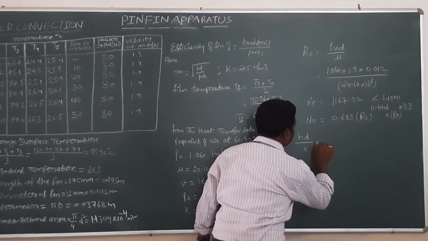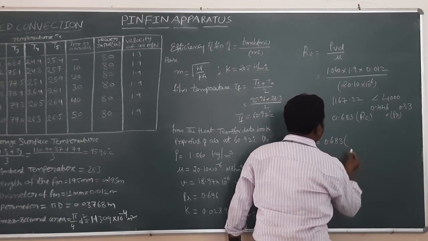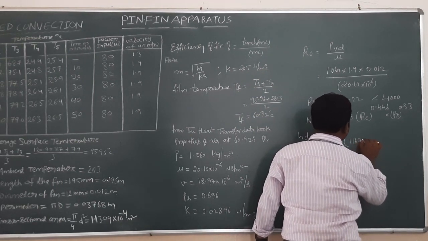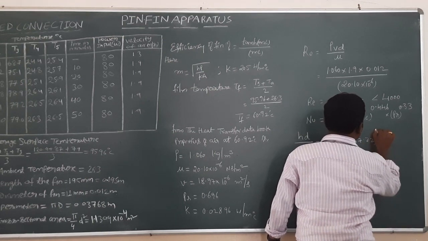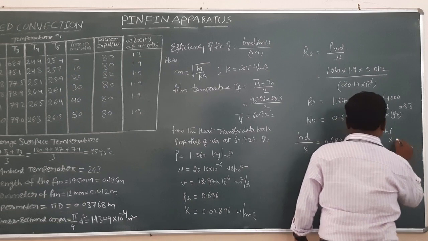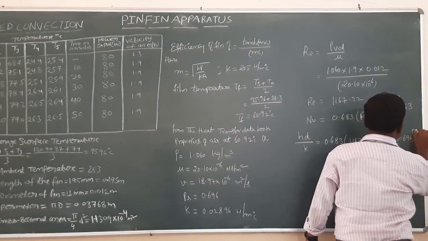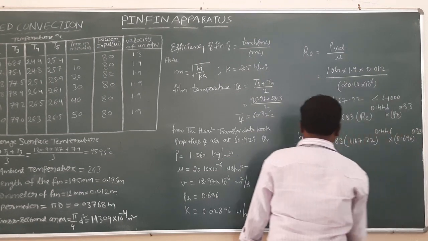Nusselt number, we know the form of Nusselt number, hD by k, equal to 0.683 into 1167.22 whole power 0.446, Prandtl number 0.696 whole power 0.33.